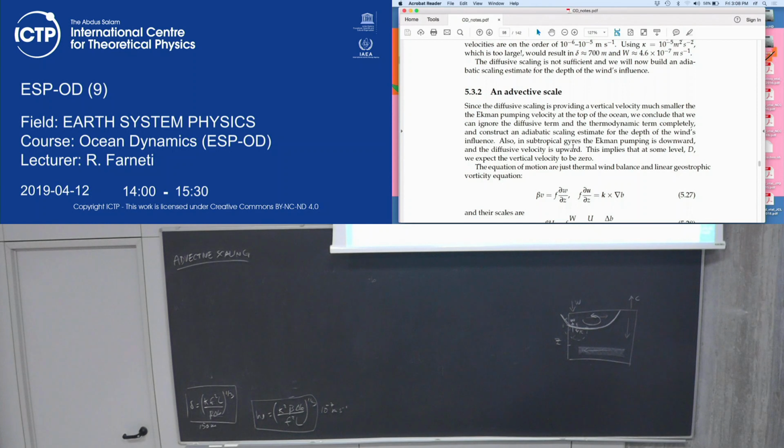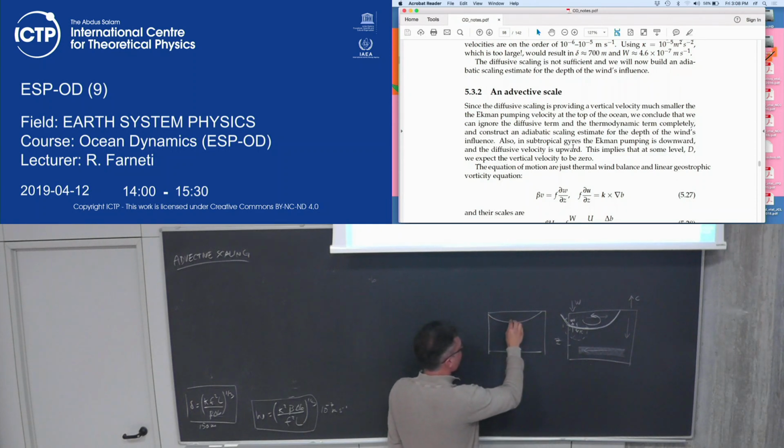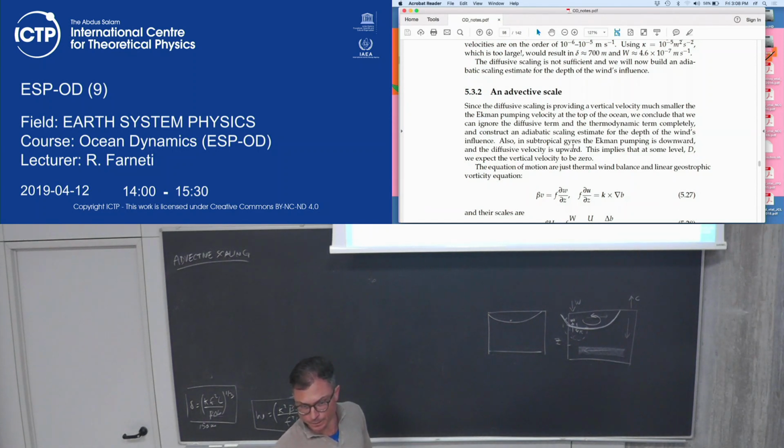Okay? And also, in an advective diffusive balance, you have a vertical velocity directed upwards, and you have a vertical diffusivity directed downwards to balance the vertical velocity, right? But in a wind-driven gyre, we're talking about the hemisphere and subtropical gyres.